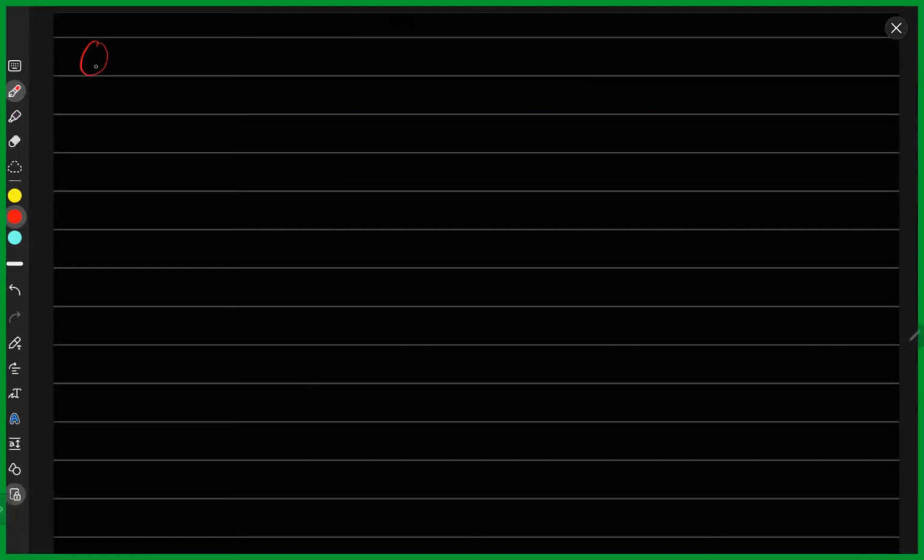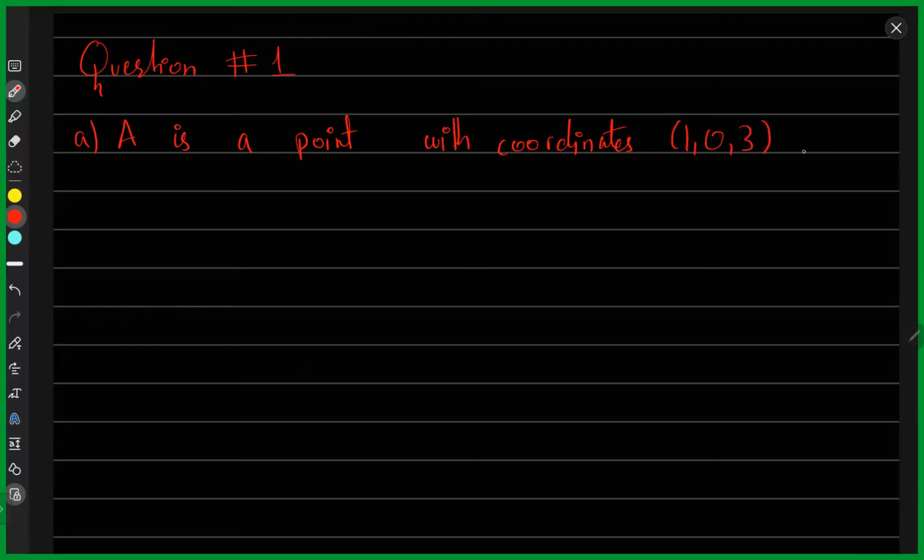So this is basically question number 1, and it says A is a point with coordinates 1, 0, 3, and B is a point with coordinates 3, -2, and 6.